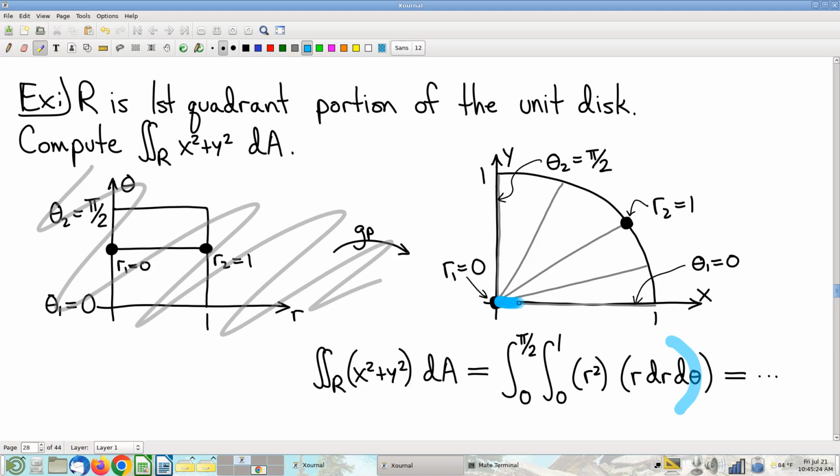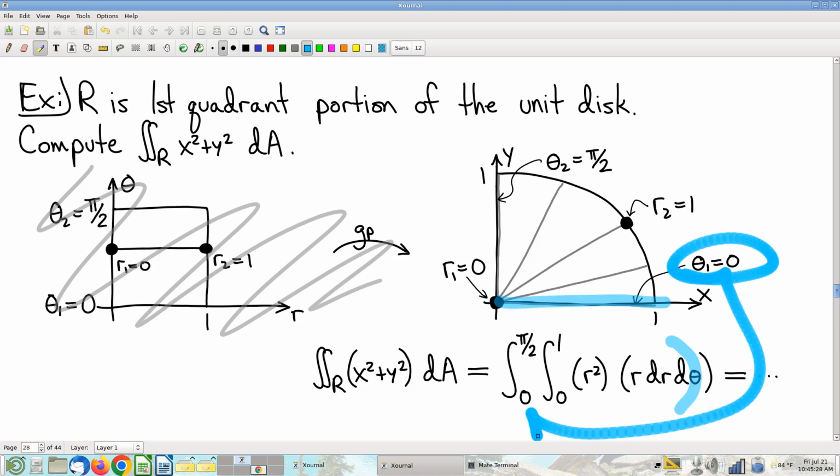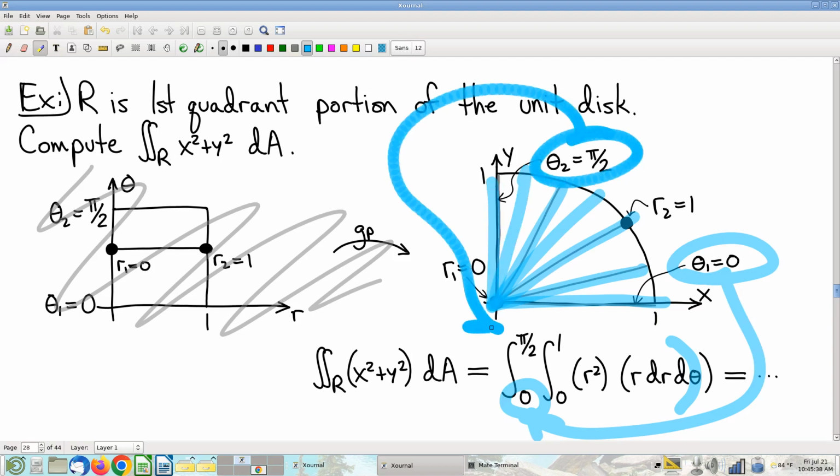I know that my slicing process starts there, where theta equals 0. And my theta slices continue until I get to pi over 2. I don't need to do this. Don't need that at all. Is everybody happy with that?